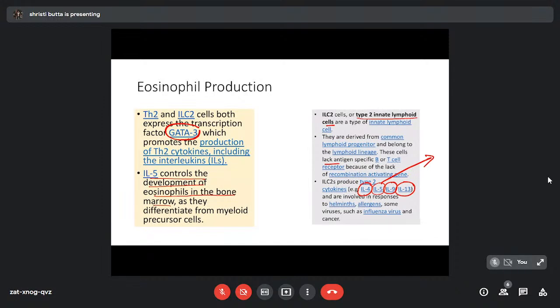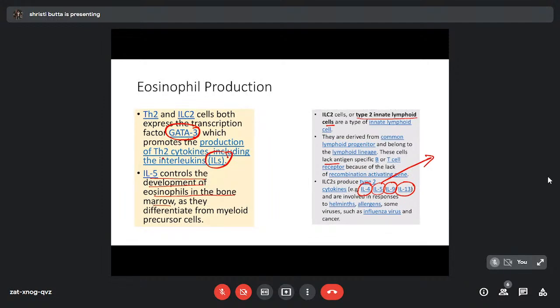Both express the transcription factor GATA3, which promotes production of T helper 2 cytokines like interleukins, which we've already discussed, like interleukin 4, 5 and 13, of which interleukin 5 is very important because it is implicated in the development of eosinophils.